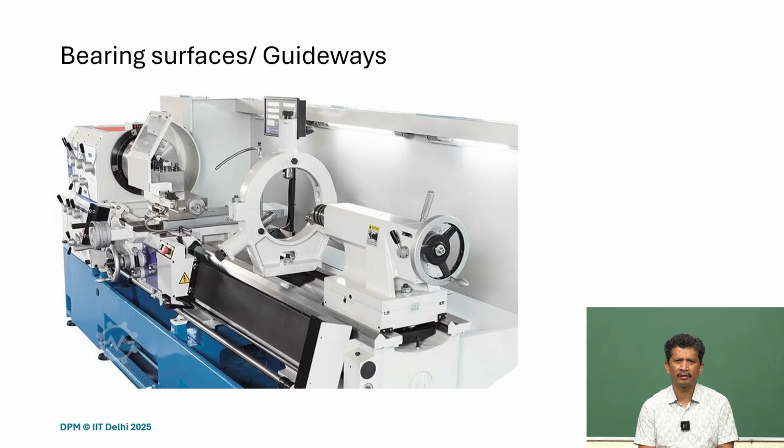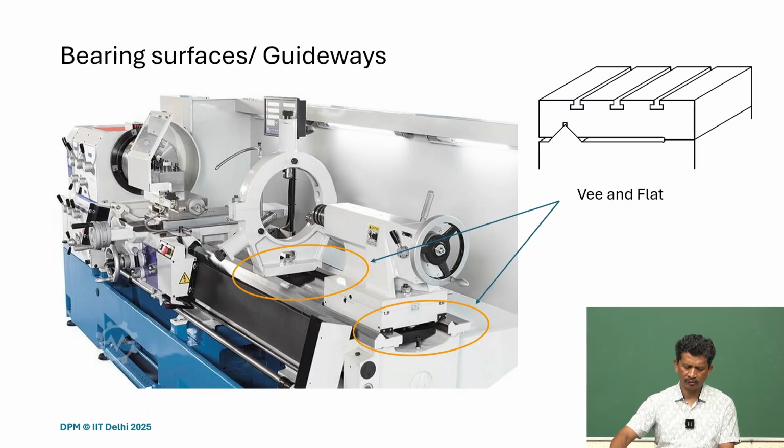Of course, there are different guideways and a lot of bearing surfaces. Looking at those designs, for instance the V and flat, we also understand how exact constraint design principles, or controlling degrees of freedom, enable us to design a system to achieve higher repeatability and at the same time avoid any kind of over constraint.